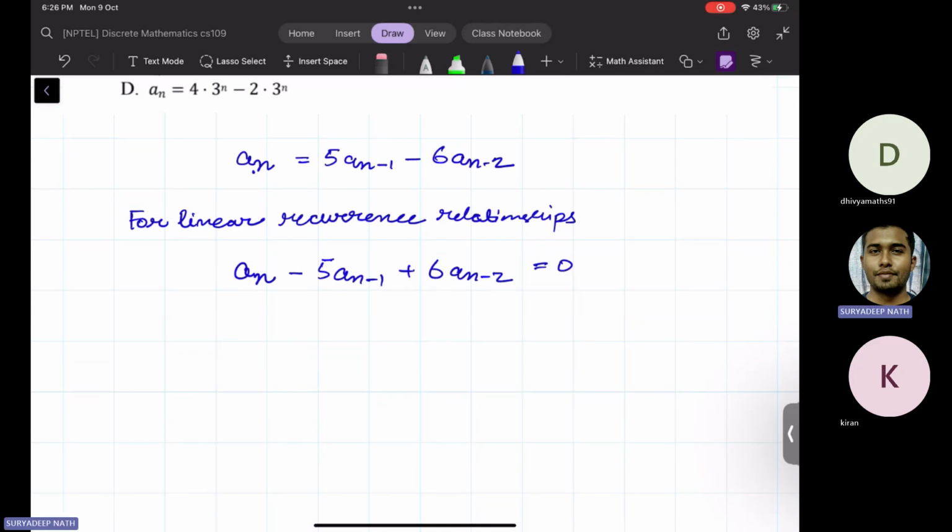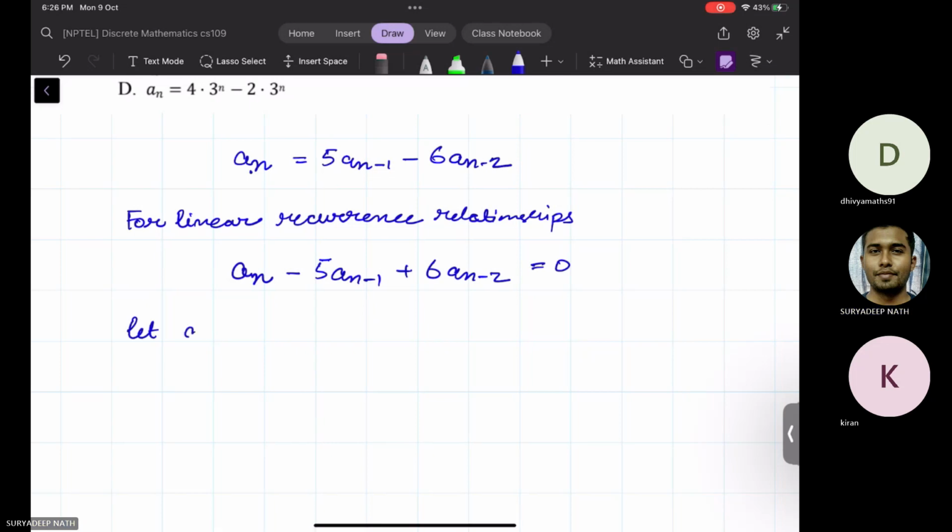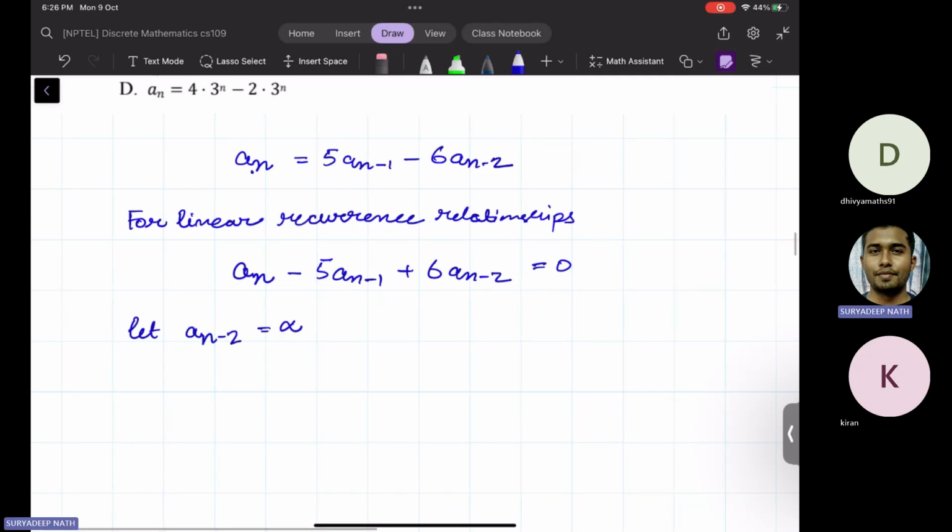Next we consider that a_(n-2) is some alpha, a_(n-1) is alpha times some lambda, and a_n would be alpha times lambda squared.